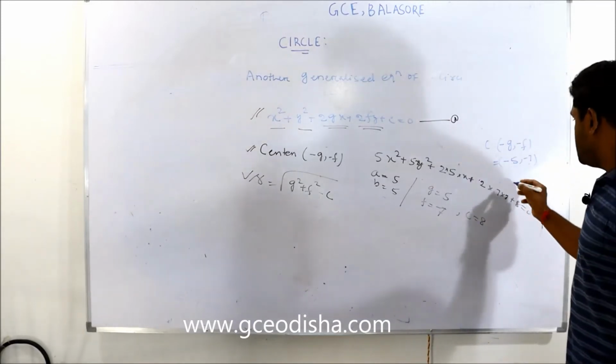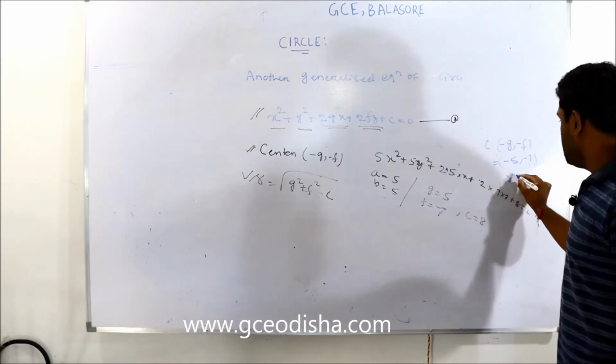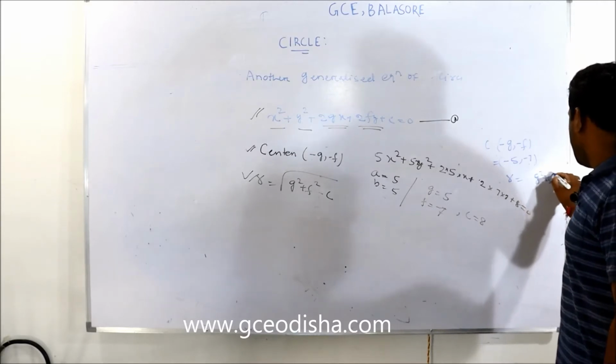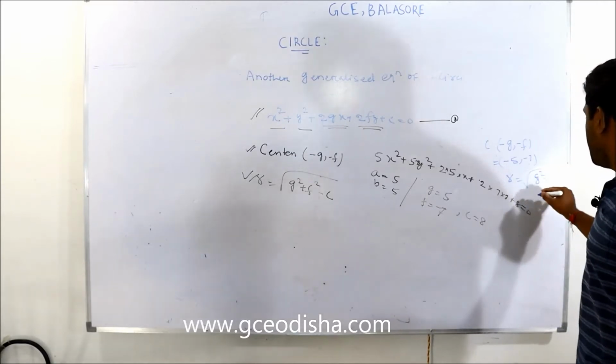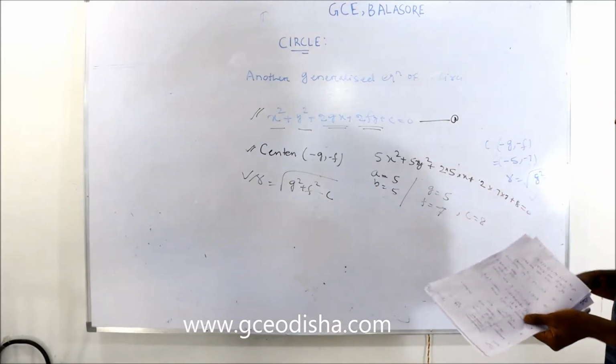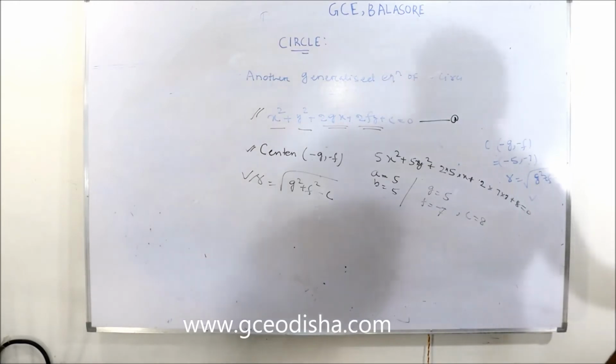And what is the radius? The radius is equal to root over g square plus f square minus c. You can easily find the value of the center and radius from this.